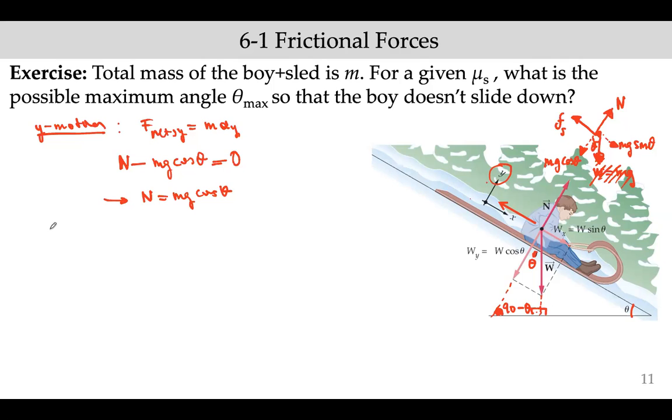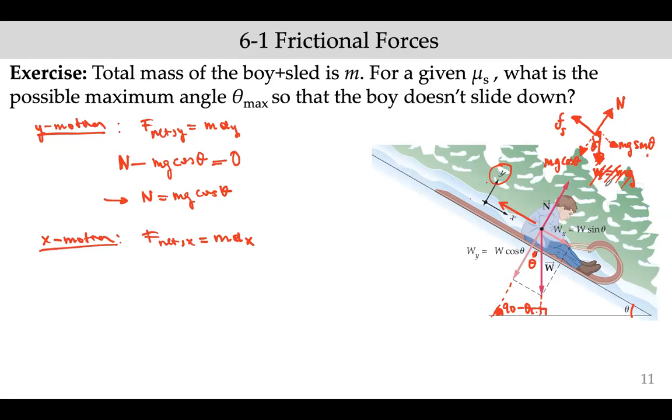Okay, so let's move to motion in, sorry, in x. I'm going to do the same thing, except now for the x direction. Now what are the forces in the x direction? Well, there's the friction force and there's mg sine theta. Which one comes with the positive sign? Well, mg sine theta, because this down direction is the positive x direction, the same as mg sine theta.